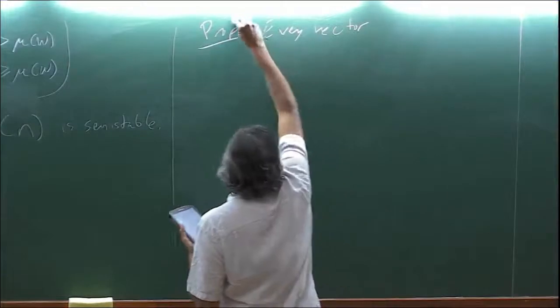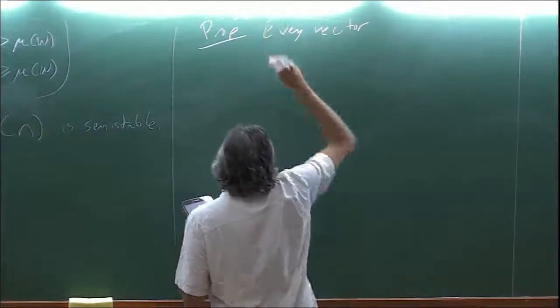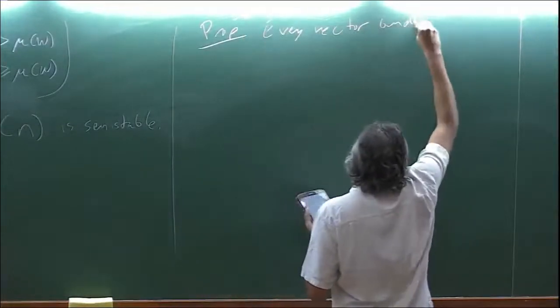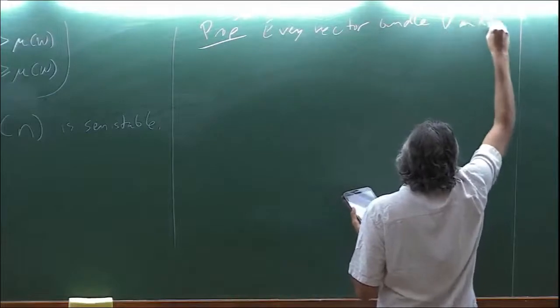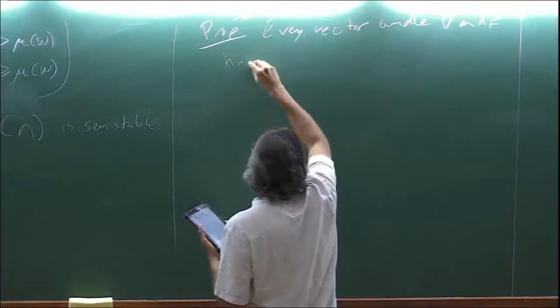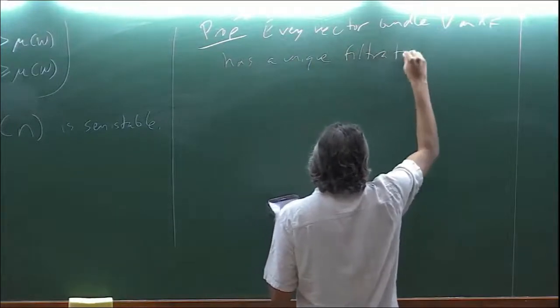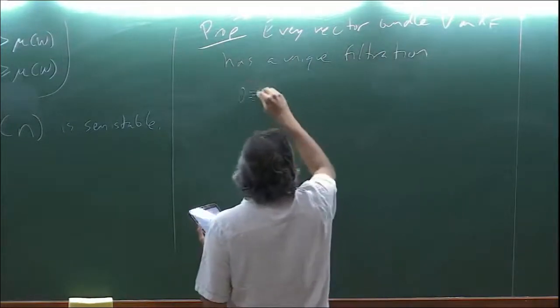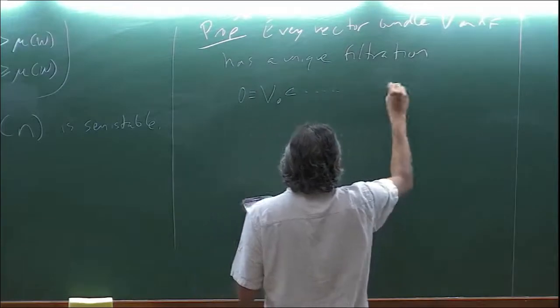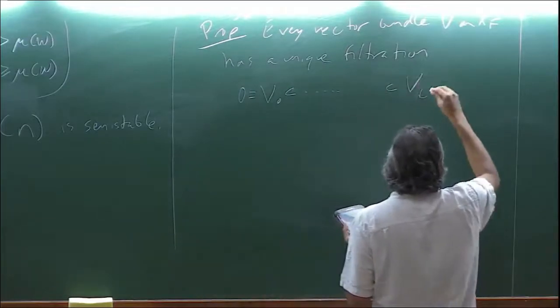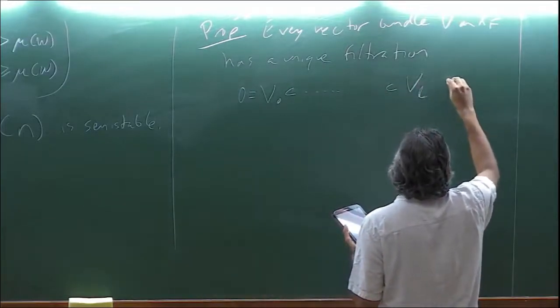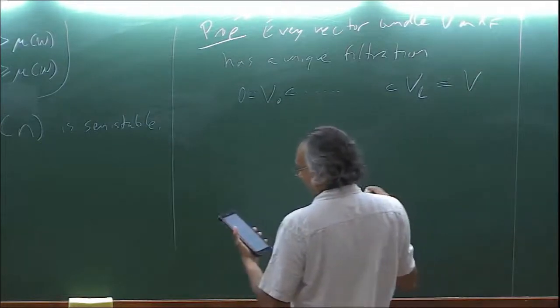This is a proposition, or definition, or lemma, if you want. Every vector bundle has a unique filtration. The length is whatever it has to be. I won't tell you in advance what the length is.